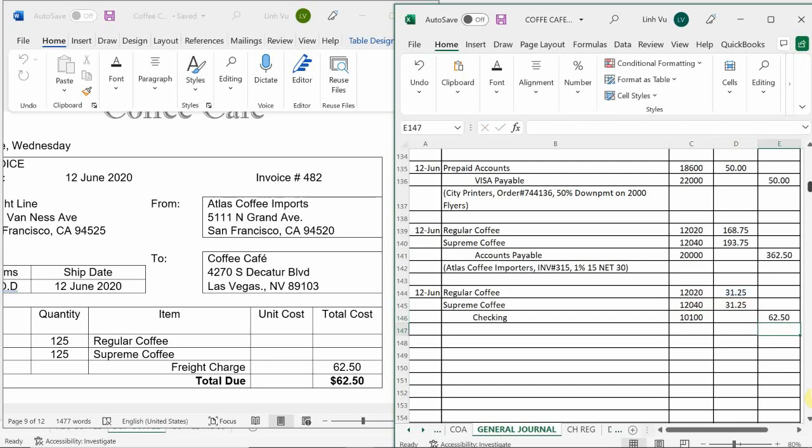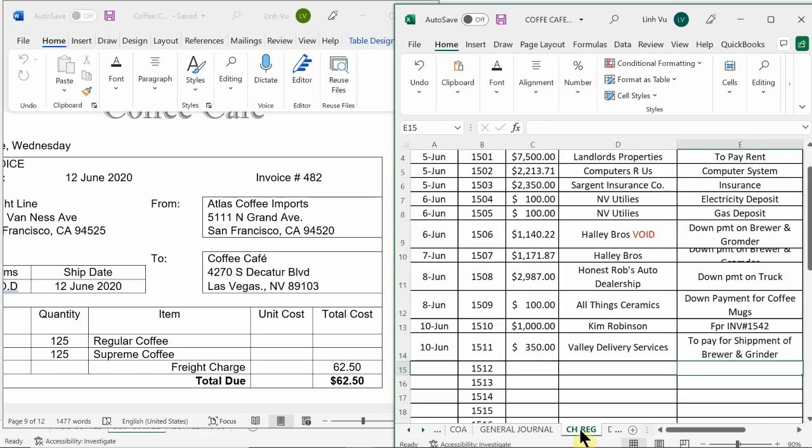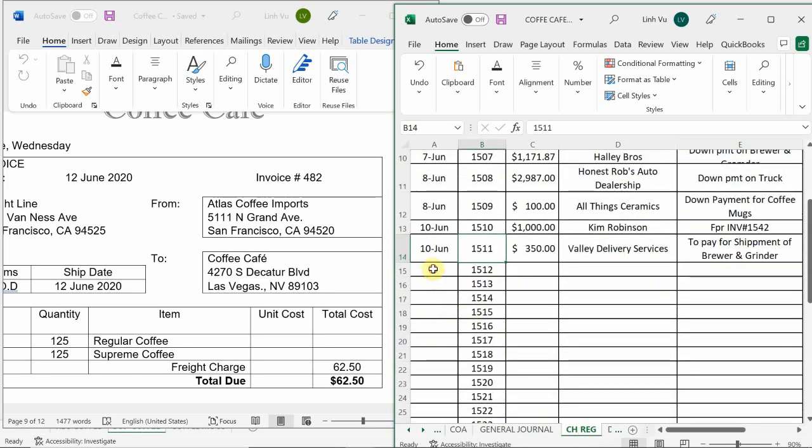Okay, good. Since we wrote a check out, we need to write our check. So go to your check register. Today's the 12th. We got check 1512 for $62.50.